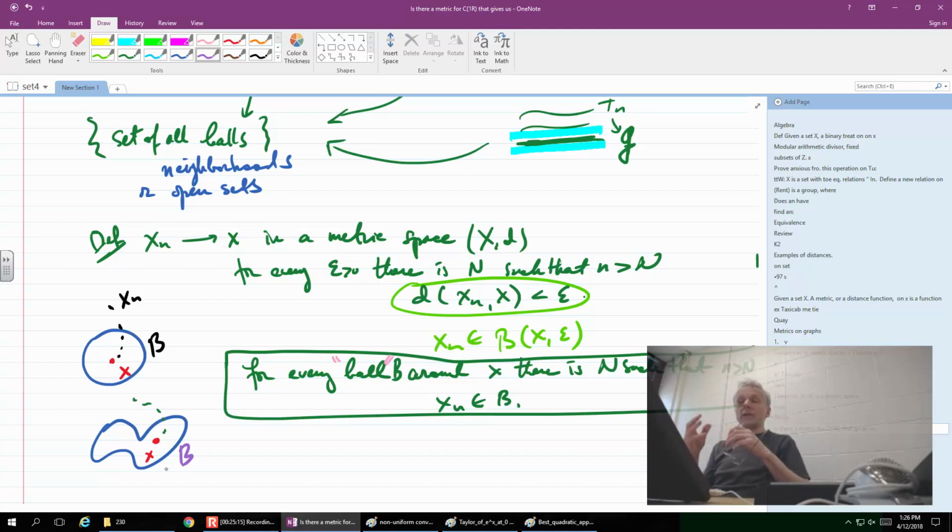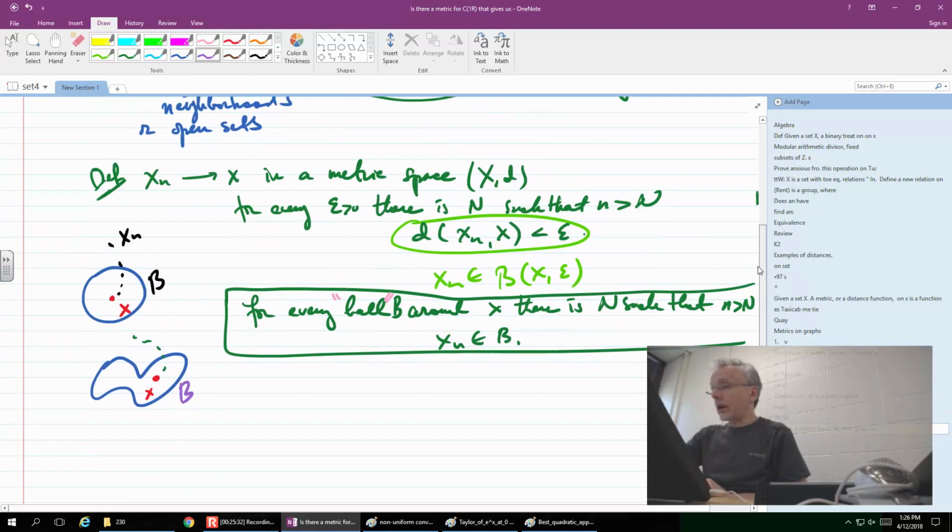We define them as balls because we use the word as a way to utilize our intuition about distances. But the balls could look like that. So once you replace the word ball with the word neighborhood, it becomes clearer what we're talking about.